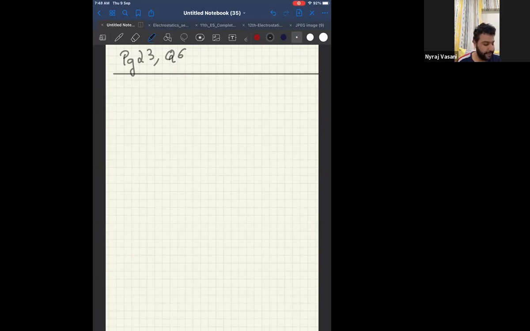A body executes SHM and has its velocity 10 centimeter per second. That means velocity 1 is 10 centimeter per second and velocity 2 is 7 centimeter per second, when its displacement from the mean position is, that means x1 is equal to 3 and x2 is equal to 4.